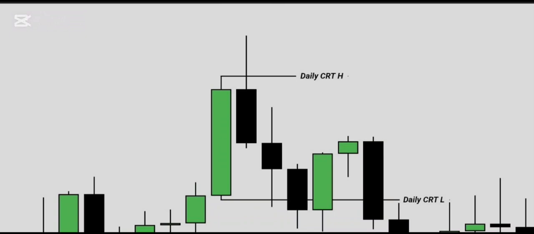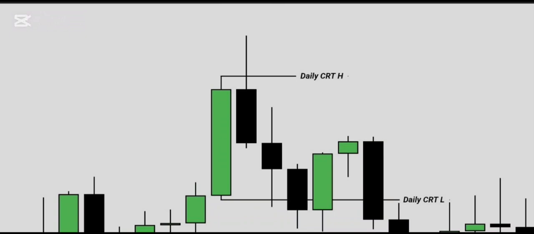That means I will wait for the second candle to sweep the high of the CRT or to sweep the low of the CRT and close. Now once it closes, that already gives me the idea that the market is going to trace down to the CRT low or the 50% of the CRT in that daily time frame.